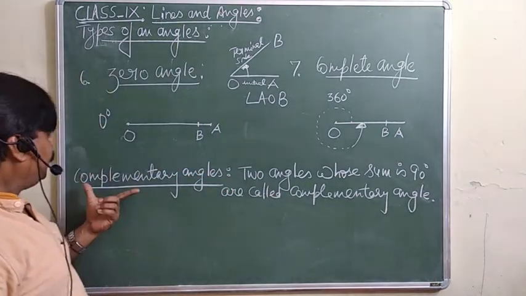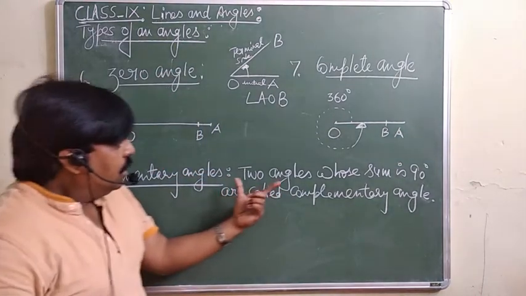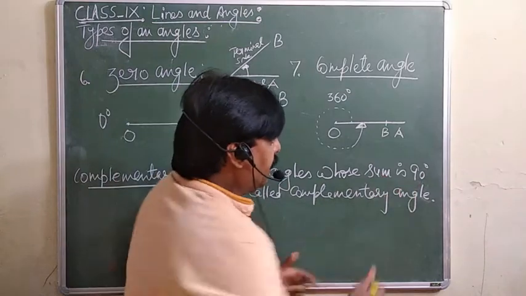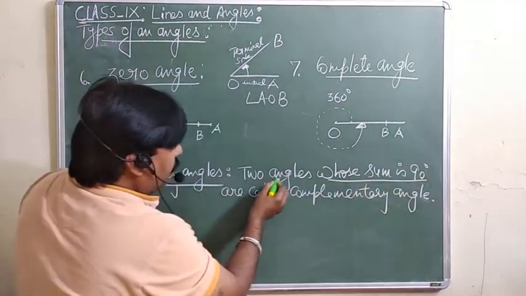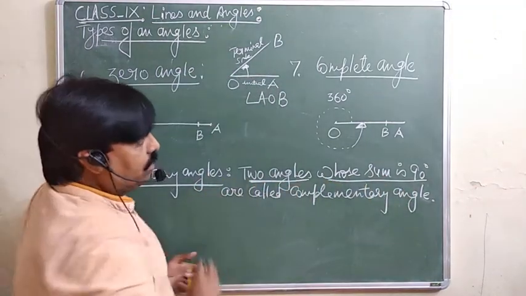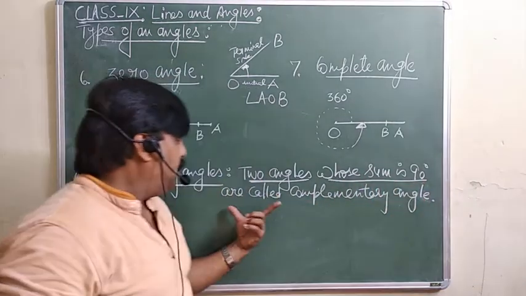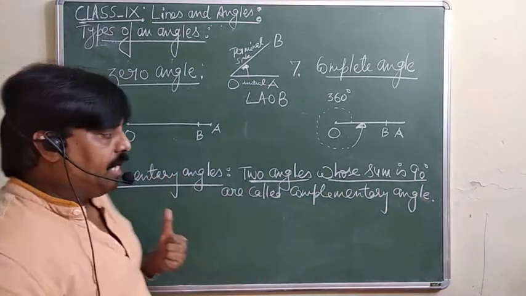Now the complementary angles. Two angles whose sum is 90. Look here: any two angles whose sum is 90, you can say they are complementary angles to each other.